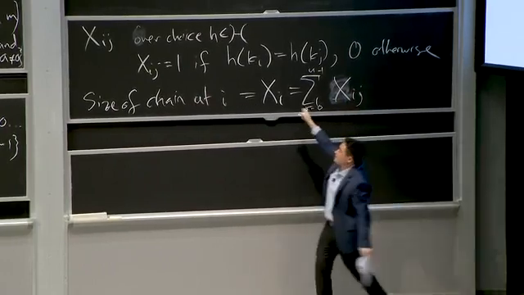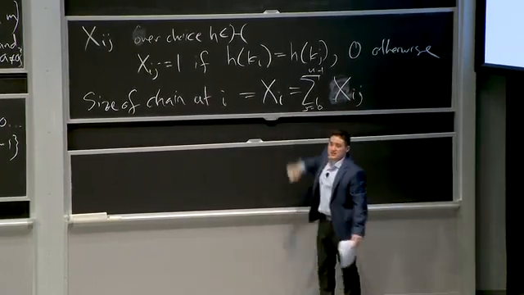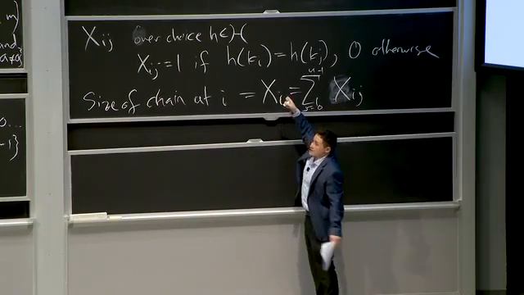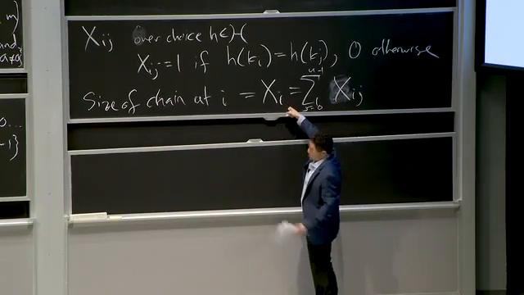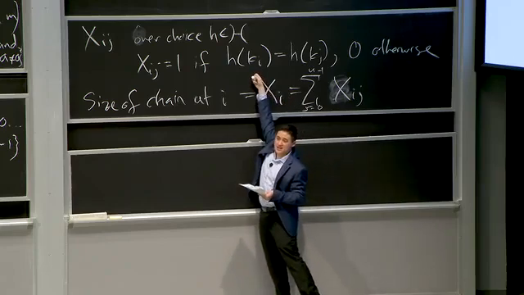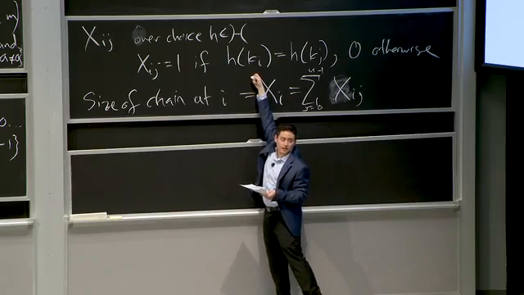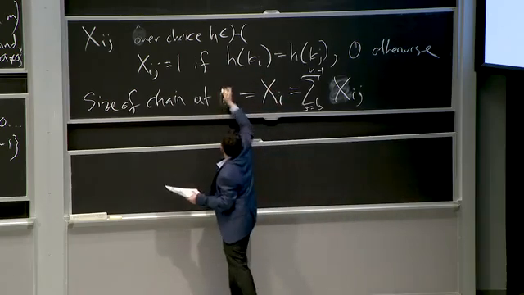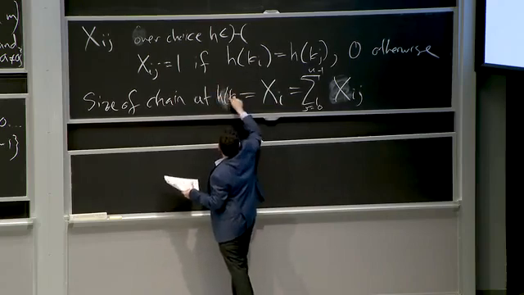Right? So basically, if I fix this location i, this is where this key goes. So, sorry, this is the size of the chain at h of ki.